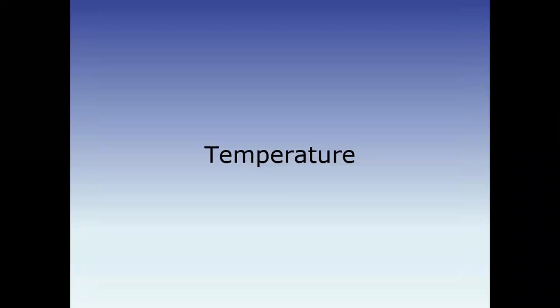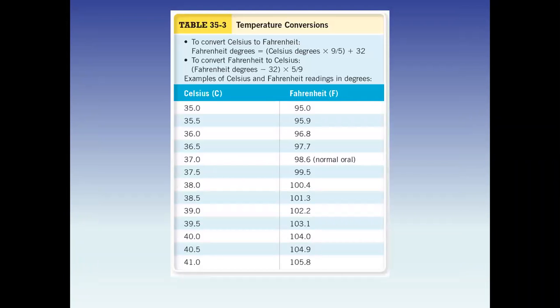So, the temperature. To convert Celsius to Fahrenheit, Fahrenheit equals Celsius times 9 divided by 5, plus 32. Or to convert Fahrenheit to Celsius, Fahrenheit degrees minus 32, times 5 divided by 9.